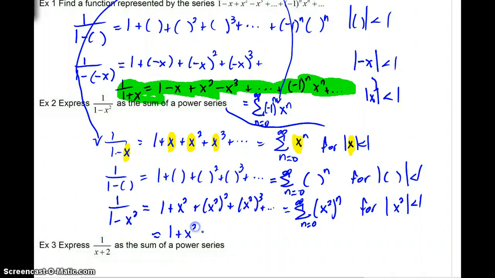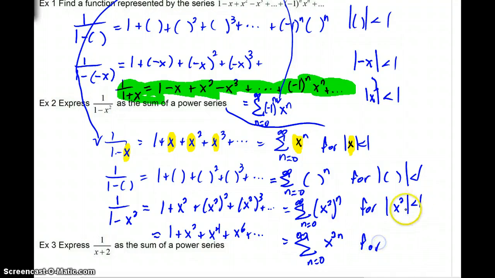Well, 1 plus x squared plus x to the 4th. You can see that this next term, 2 times 3 is 6. We have all even powers. By the way, our sigma certainly would have led us to believe that we have even powers. X to the 2n.